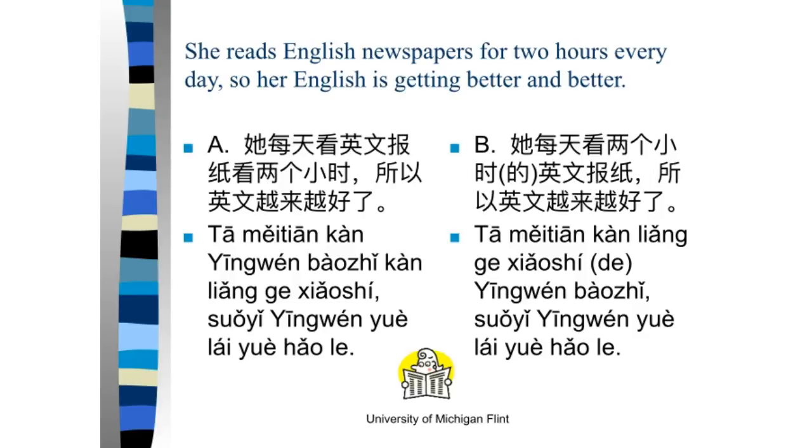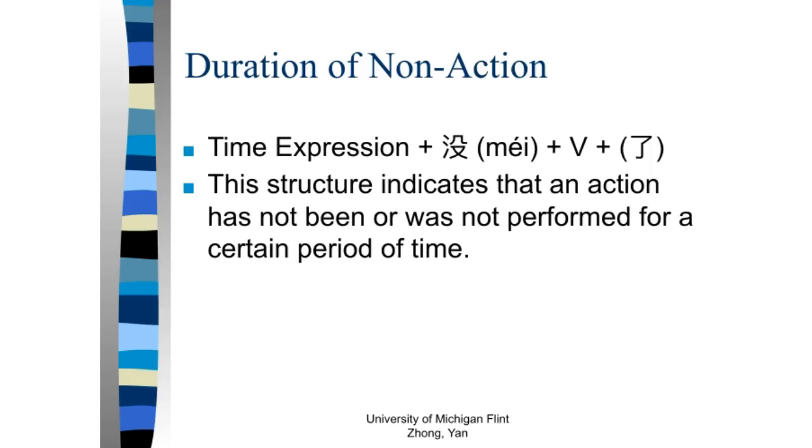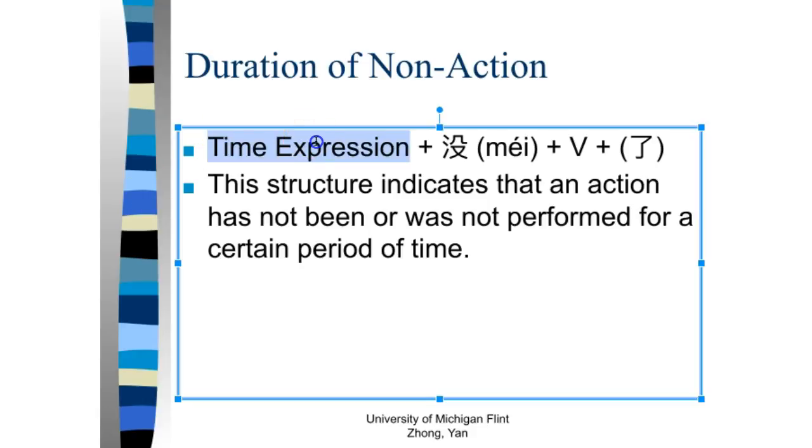Now, there's also something called a duration of non-action, which is the opposite of a duration of action. This is a new, this is our main grammar point. 一个新的语法点。To say something is not happening for a period of time, you say a time expression plus 没 plus the verb.